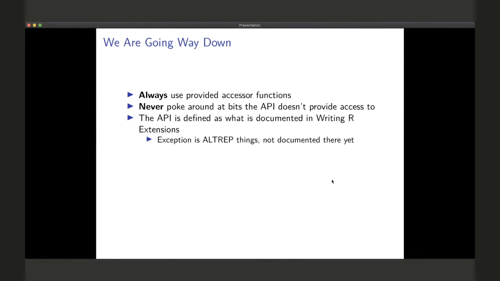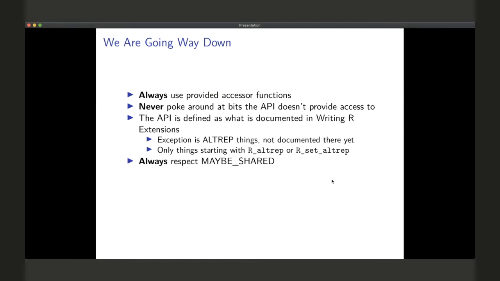But the rule here is that things that start with R_ALTREP or R_set_ALTREP are okay. Anything that doesn't start with that, except for the one thing that accesses the bit and tells you whether something is an ALTREP or not, is not part of the API. So you shouldn't be using it.